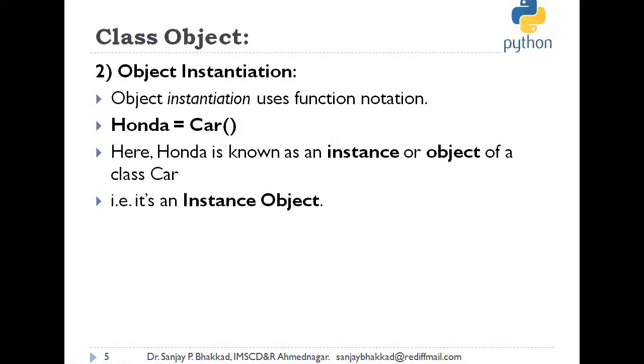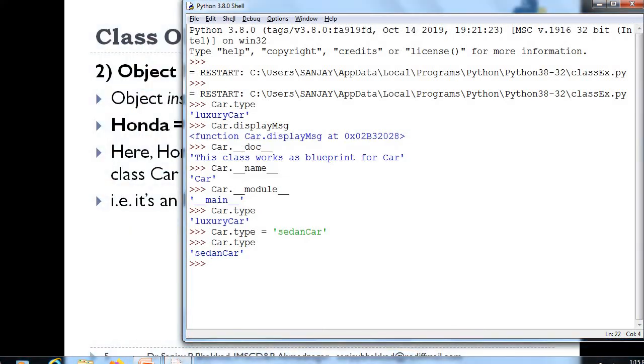Let us do it. Here I say object name Honda is equal to the class name followed by the function notation. And here the object Honda gets created. So this Honda is known as an instance or object of the class car, and that's why we call it an instance object.